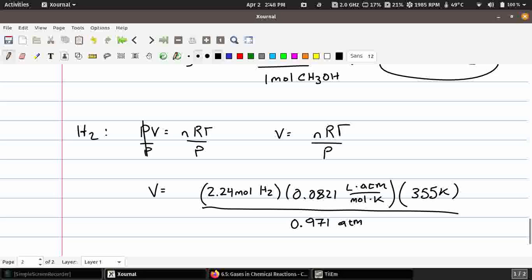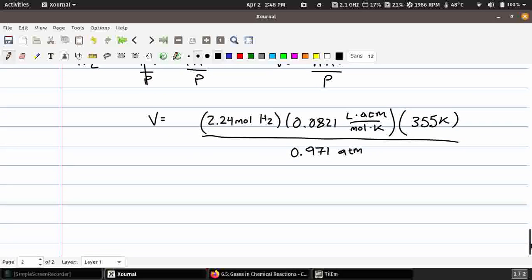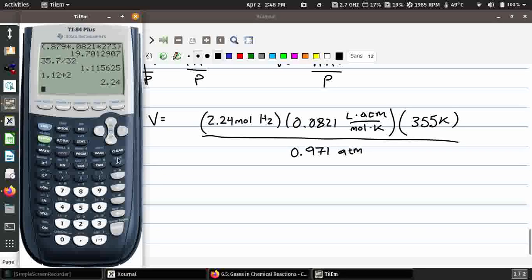Let me double check. Yeah, that's right. Okay, so now we just plug this into the calculator, and it's going to tell us how many liters of hydrogen gas are necessary to do this reaction.